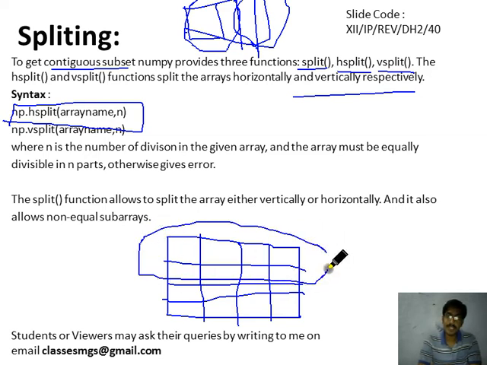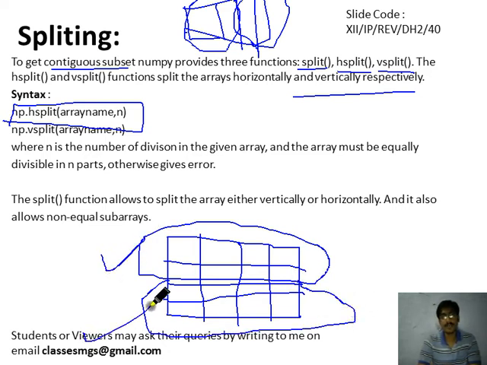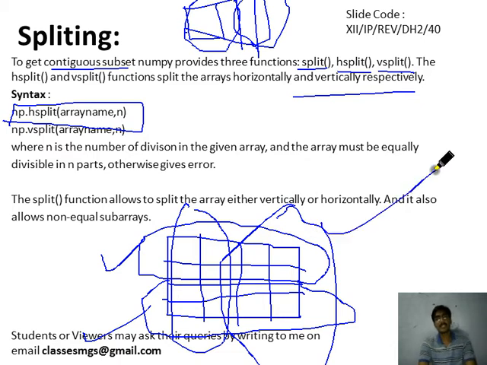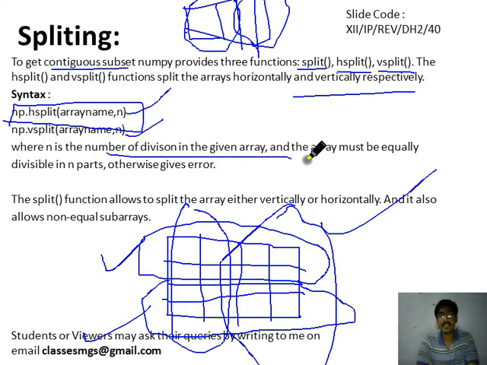This portion is one numpy array and this portion is another numpy array. So this is known as horizontal splitting. If we split like this, where this portion is one numpy array and this portion is another numpy array, then this kind of splitting is known as vertical split. We will see those concepts in detail with examples in the subsequent slides.